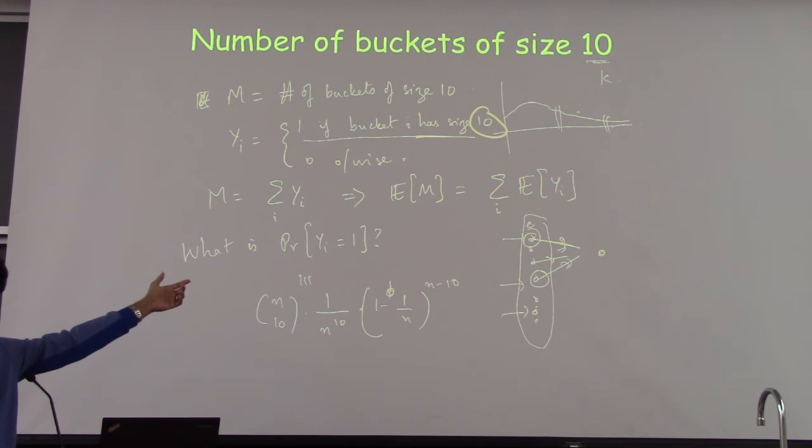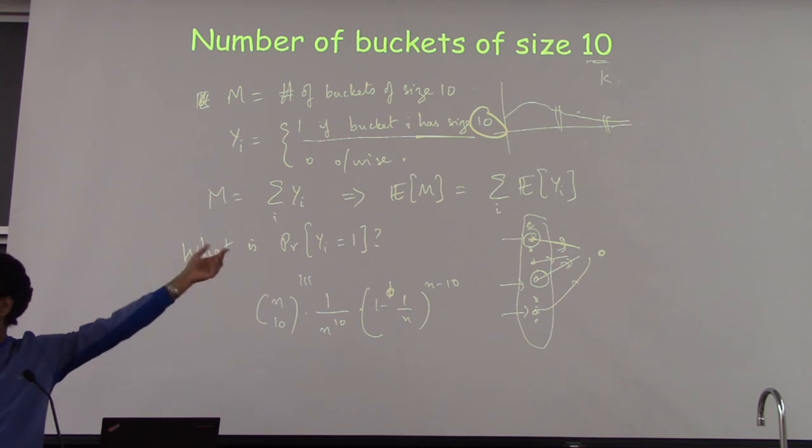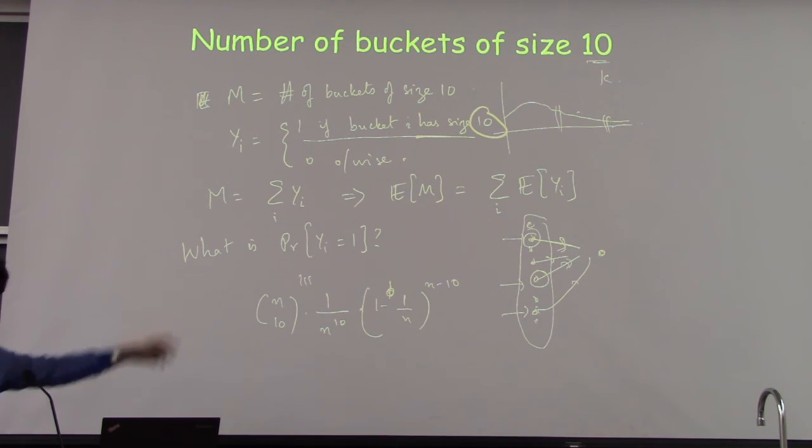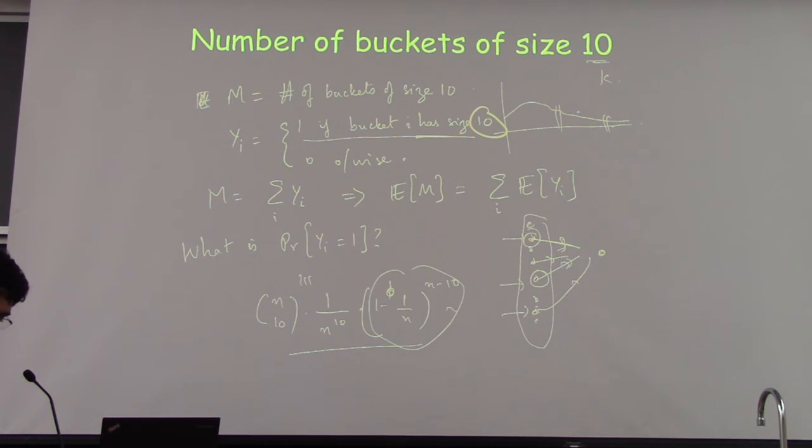You want those guys to go to bin i, and you want none of the others to go to bin i. As we just saw, this last factor is roughly a constant, about 1 by e. The minus 10 doesn't change things much. And this is what matters.